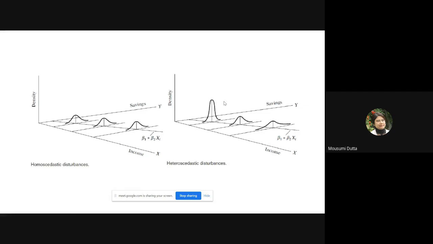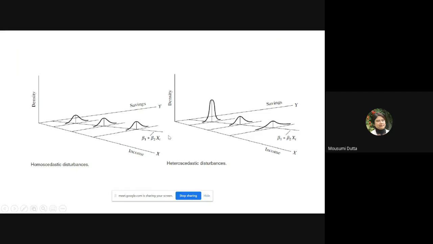In the first case, we are finding that this is a positively sloped line. We know that as income increases, mildly there will be an increase in savings. It is similar to the consumption function. If, instead of savings, you consider the consumption function and think about your macroeconomic context, you will find that it is a mildly rising function.